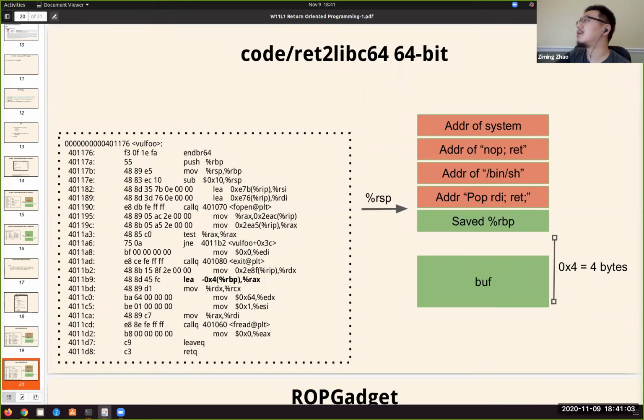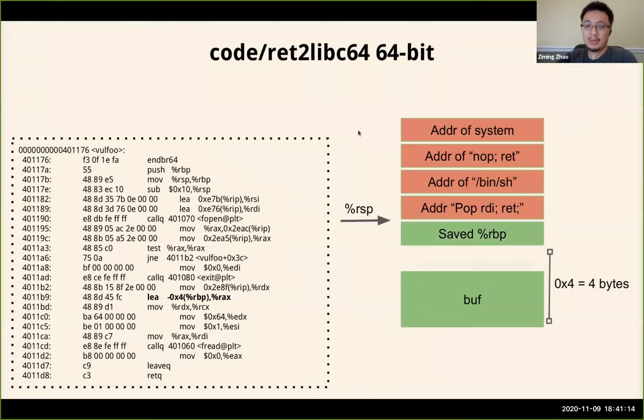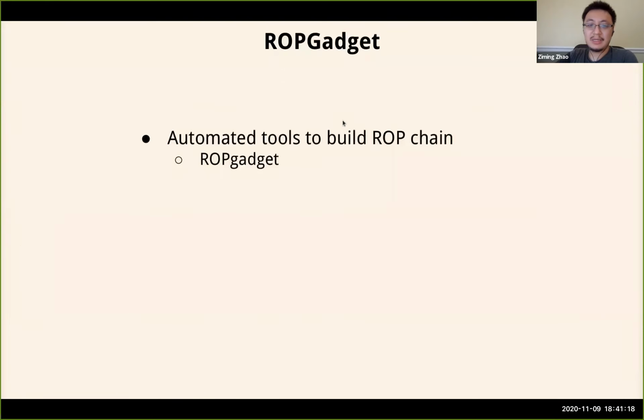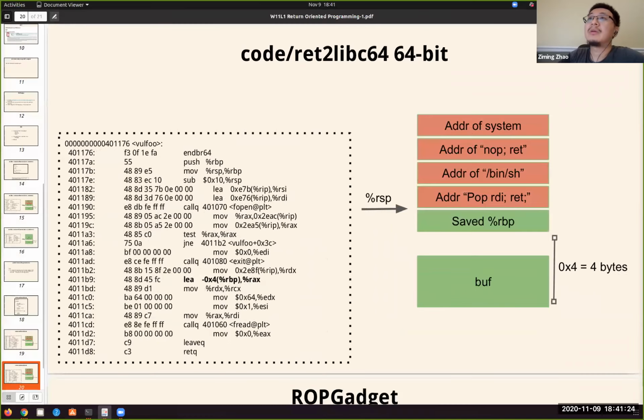Anyone else have any questions? Okay, we're good. Now we are moving to something a little bit more generic. This one we're still doing a return to libc. Next one, we are not going to do return to libc anymore.